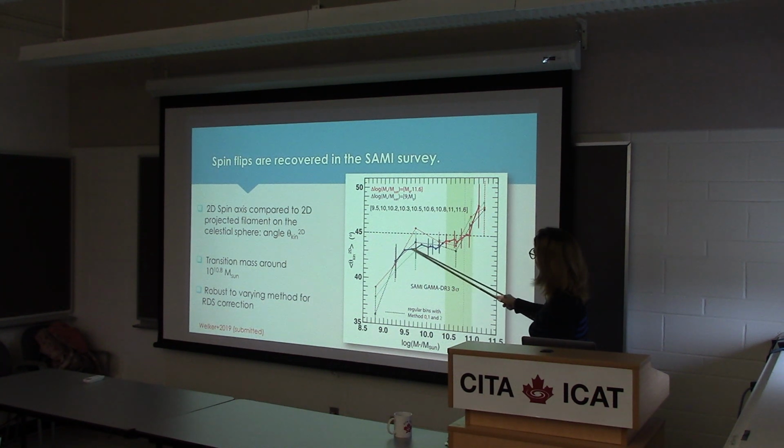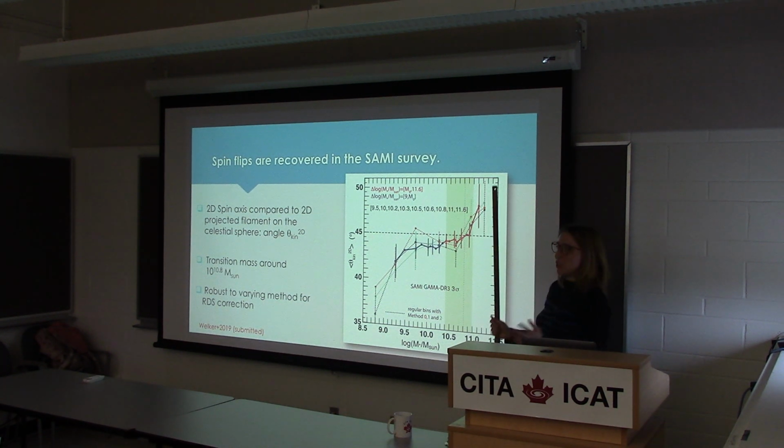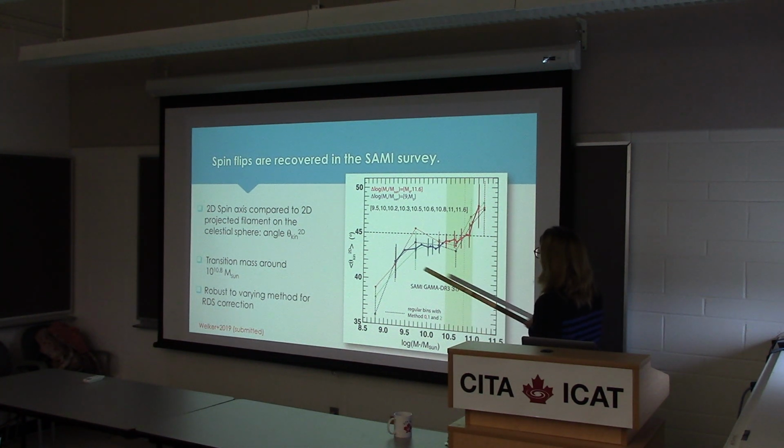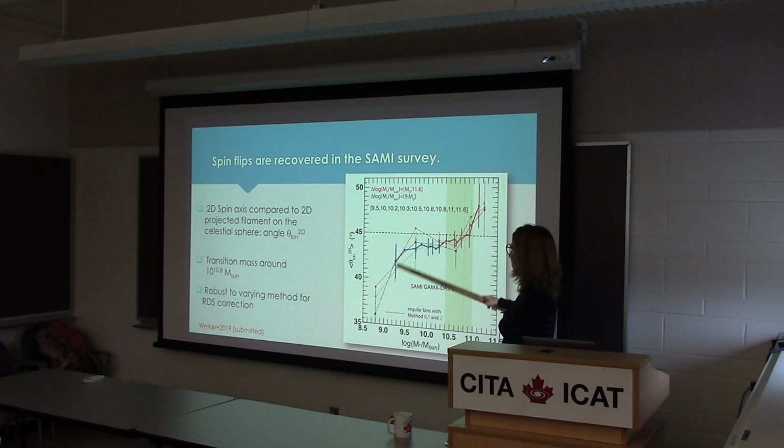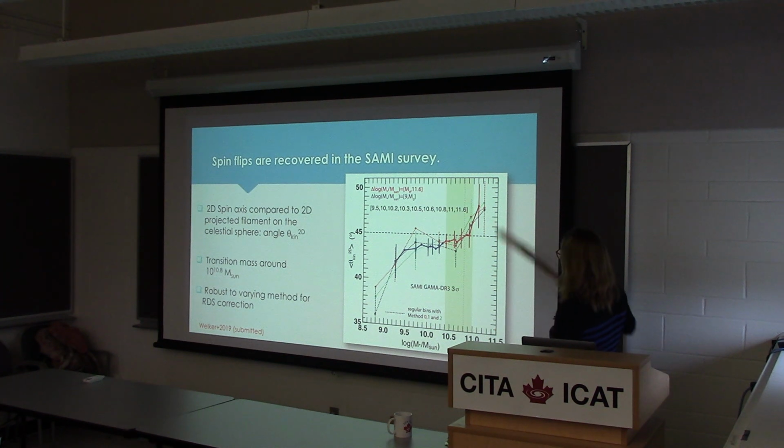The dashed lines are the results for each of the RSD, the redshift space distortion correction methods, and this is a composite result. So what you see is that you do transition from lower angle at low mass to higher angle at high mass, and that the transition mass in that specific case is constrained around 10 to the 7, 10 to the 8 solar masses.